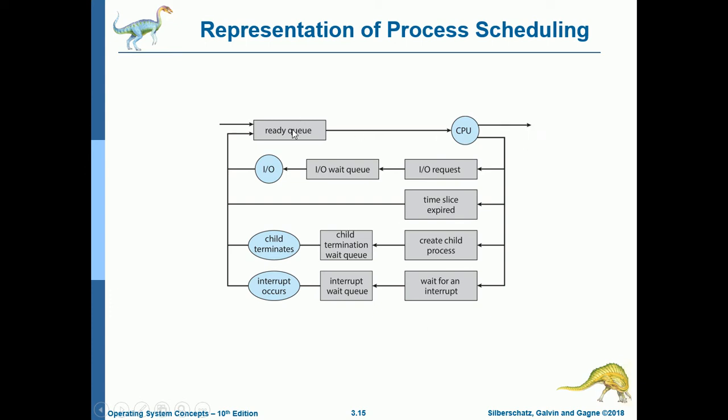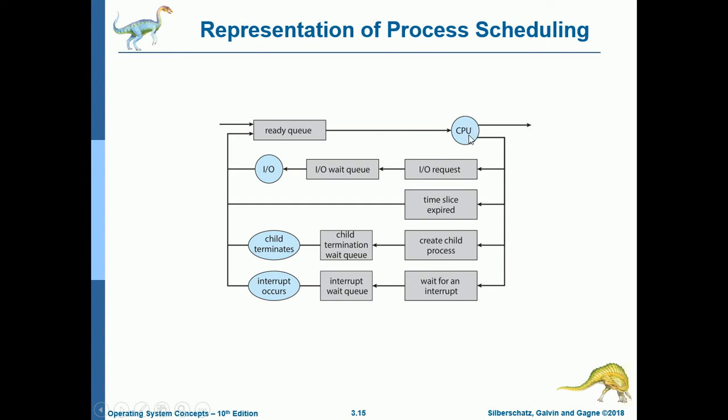Another case: what if the process creates a child process? Again, it will exit the CPU, and then we have the child termination wait queue. If the child has terminated, the main process returns to the ready queue. If there's nothing wrong, it will execute and exit the CPU.